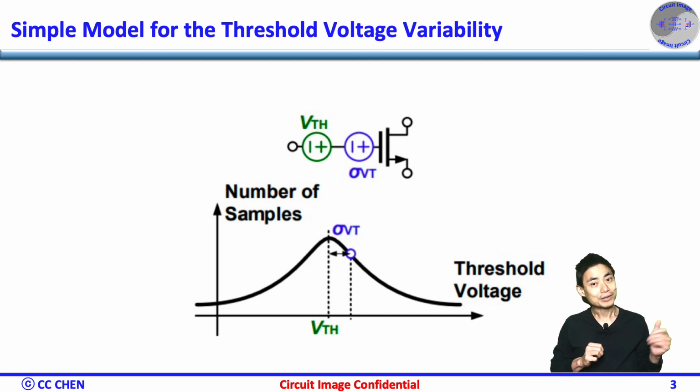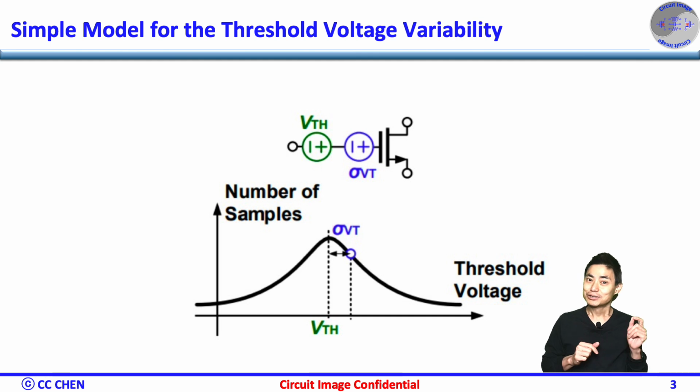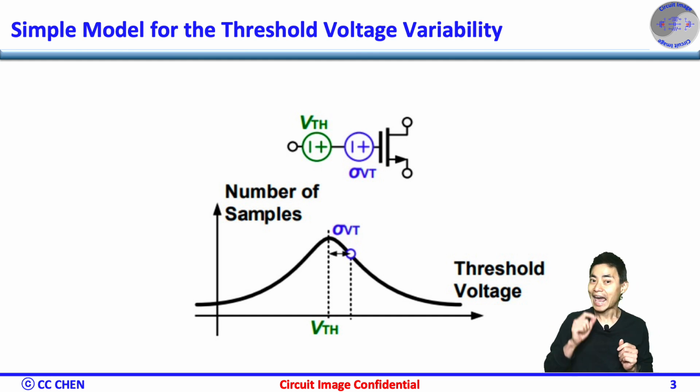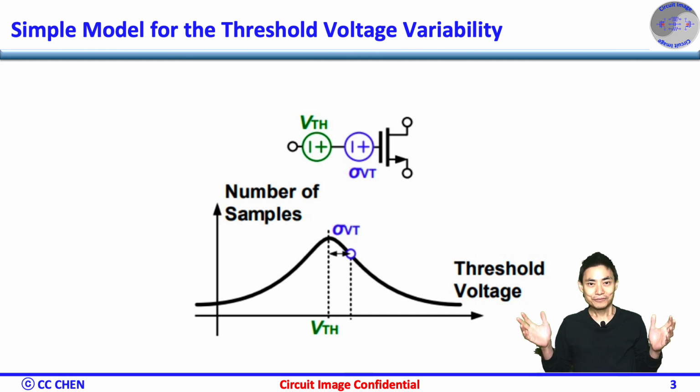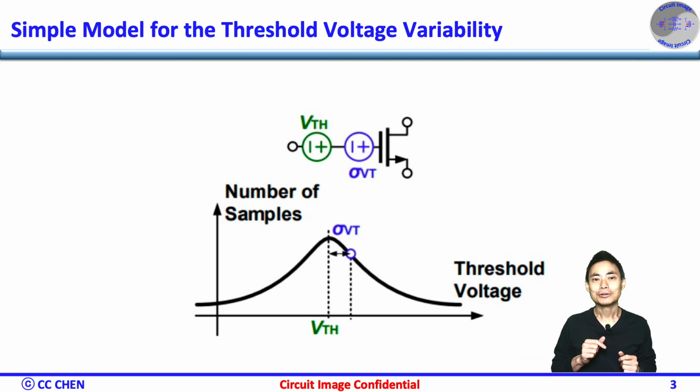Third, or finally, the sigma Vt should be a function of the transistor area, W times L, assuming the local mismatch is dominant here. After finishing the simple model for the threshold voltage variability, we can exercise those algebra blocks easily.